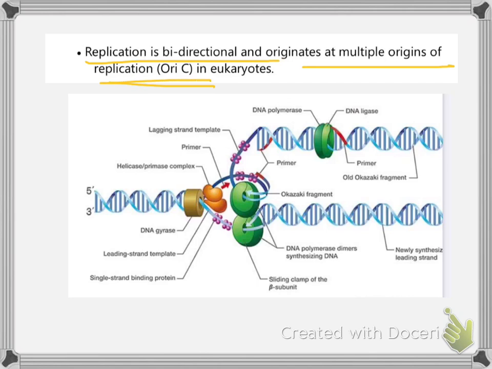In the case of eukaryotes, there are many origins of replication. But in the case of prokaryotes, there is only one origin of replication. And this replication is bidirectional.